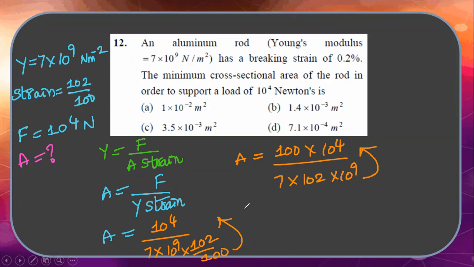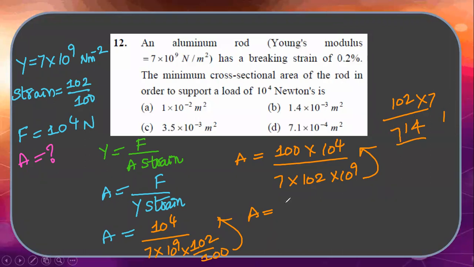If we bring it to the numerator, 7 into 102 is 714. 2 7s are 14, 1 is there, 14 and 7, 714 it is.